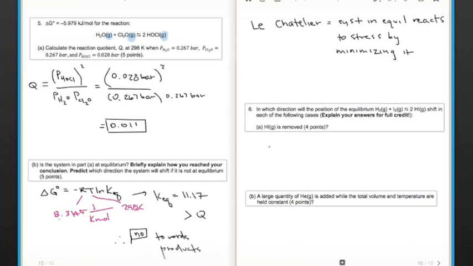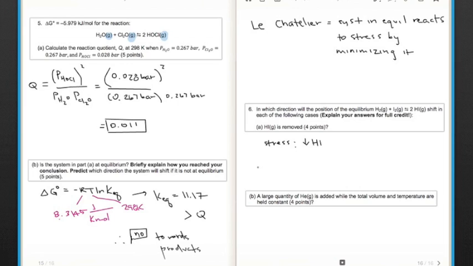And so how does this carry itself out? Well, for problem 6, part A, what happens for this given reaction if HI is removed. So first, sometimes it can be helpful to identify what the stress is. Well, in this case, I would say the stress is the decrease in the hydrogen halide.